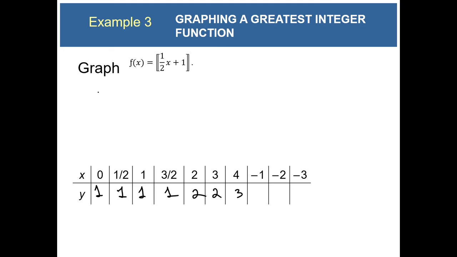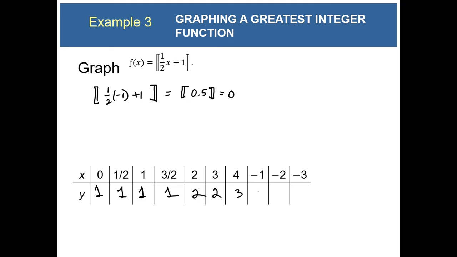We'll plug in -1. The greatest integer of 1/2 times -1 plus 1 is going to yield -1/2 plus 1, or simply the greatest integer of 0.5. The greatest integer that's equal to this or less is 0.